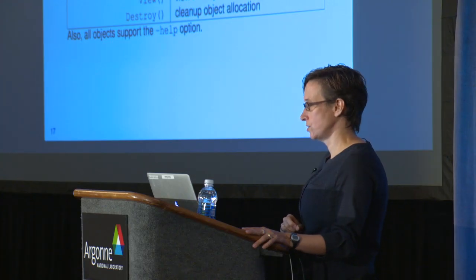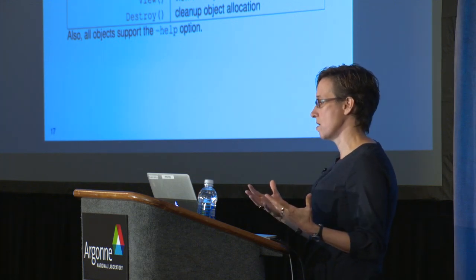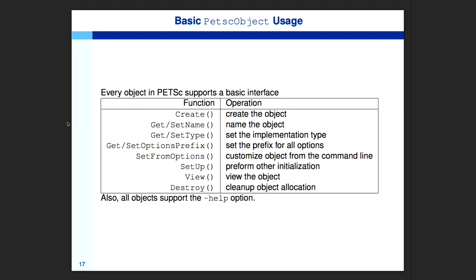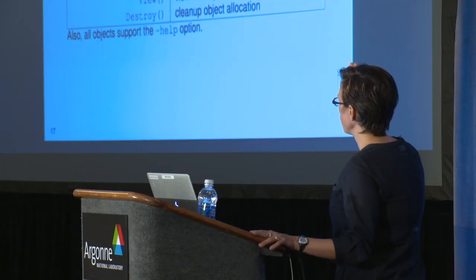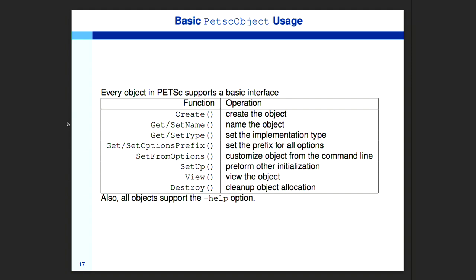Each object, or each layer of functionality and object, has a basic interface as described by this slide. So conceptually, whether you're working with a nonlinear solver or preconditioner or whatnot, you create the object. You can name the object, set the particular type of object. You can set an options prefix that would enable you to tag that particular object in order to set runtime options unique to that.